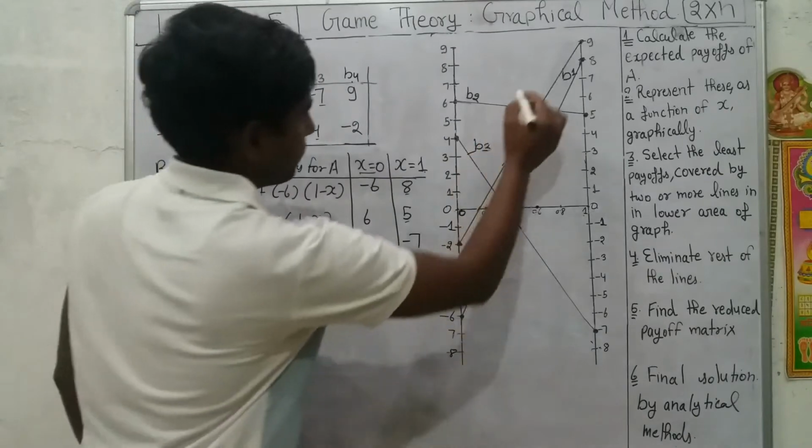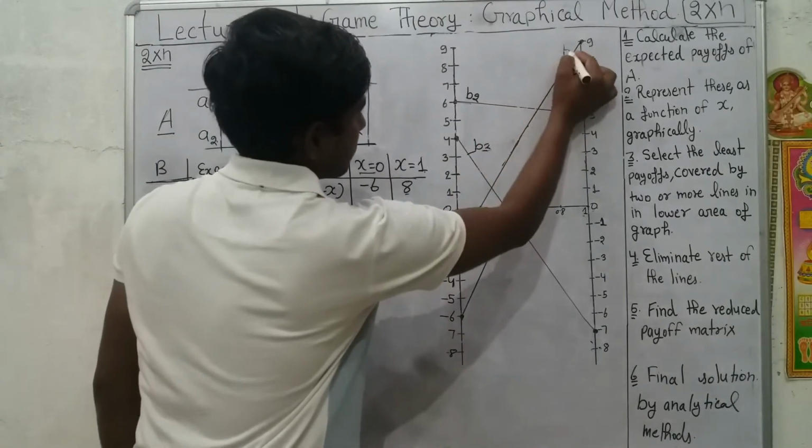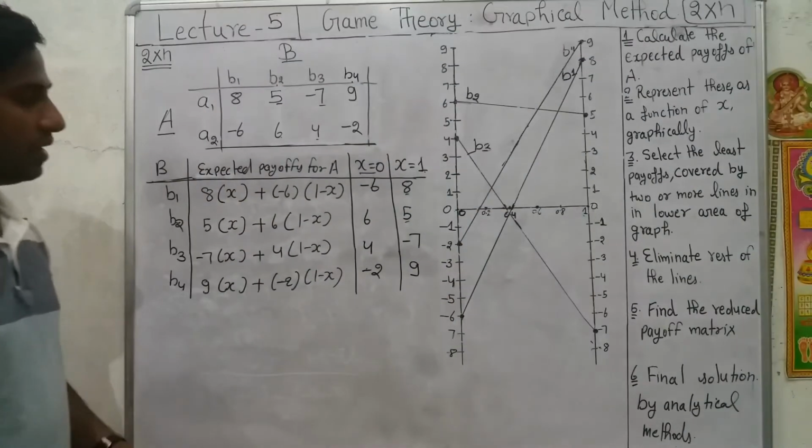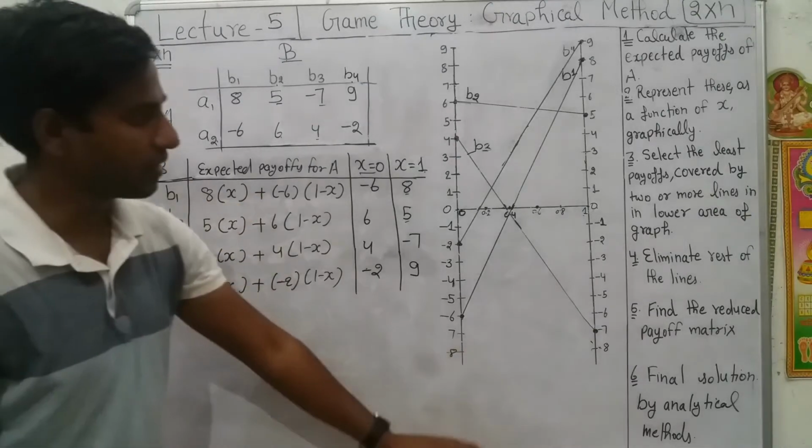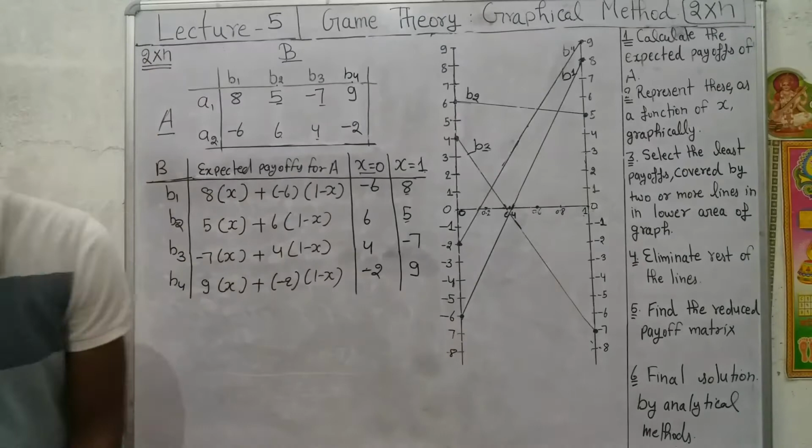It is B4. So in this way we represented all the payoffs graphically between these 2 vertical lines.